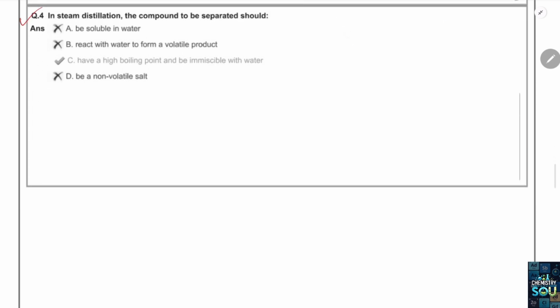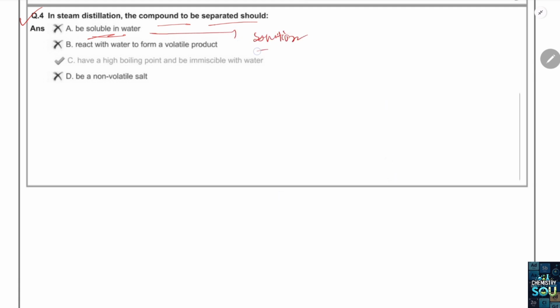Question number 4: in steam distillation, the compound to be separated should... so let's see. During steam distillation, if the solid is soluble in water, it will generate a solution.